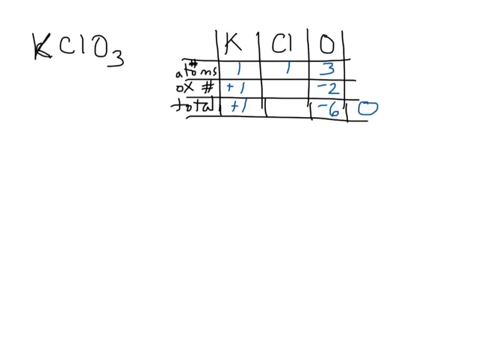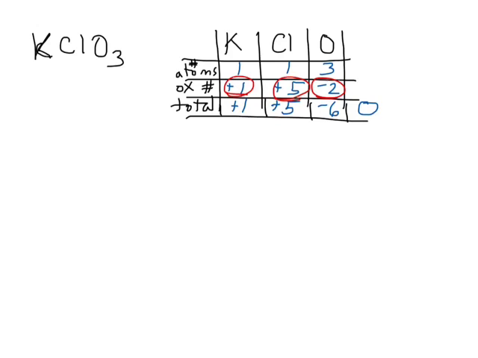The total that chlorine must provide is +5, because +1 plus +5 plus -6 gives you 0. And if I only have 1 chlorine, and its total charge has to be +5, then its oxidation number must be +5. I've now figured out all my oxidation numbers.